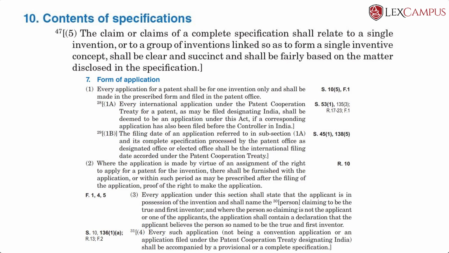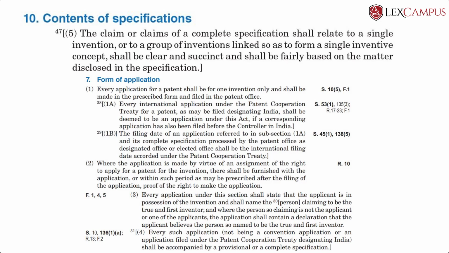Apart from the fact that the claims of a complete specification shall be clear and succinct, clarity and succinctness is a requirement for the claims. The claims shall also be fairly based on the matter disclosed in the specification. This concept is called fair basis, which states that the claims are based on the matter that has been disclosed in the specification. This requirement is critical because a person cannot make a claim of something that he has not disclosed.